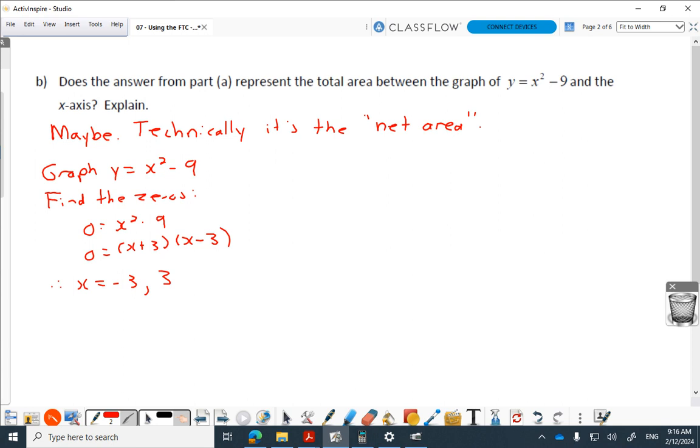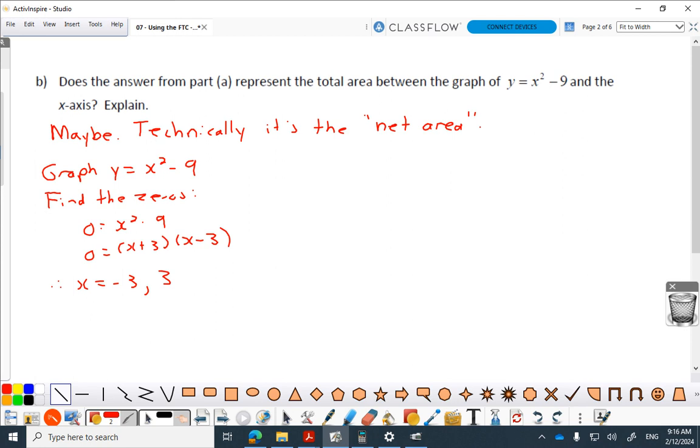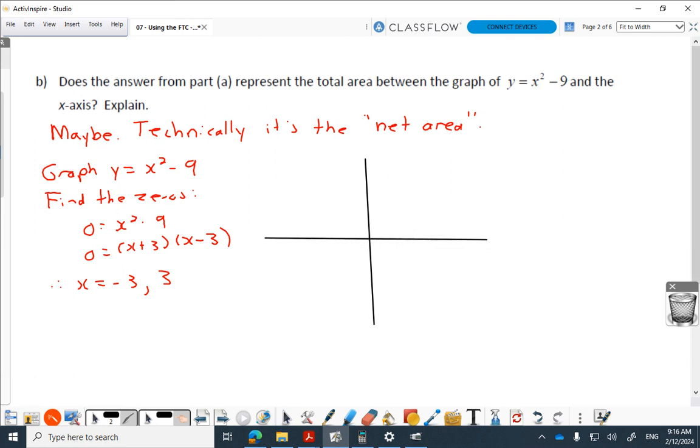So then I can get a pretty good little graph of it. Negative 3, positive 3, and down here, negative 9. And then maybe switch colors here so you can really see the parabola.